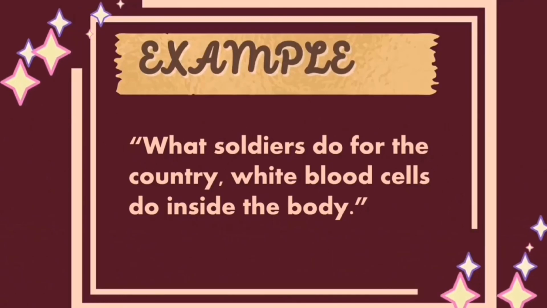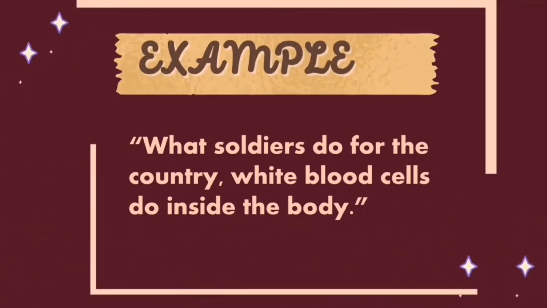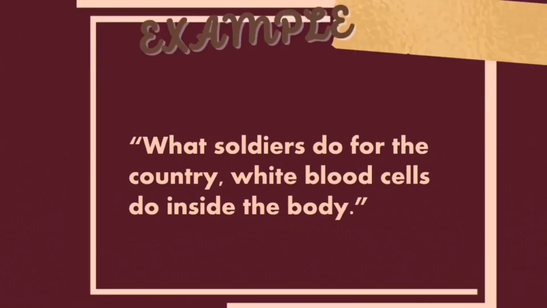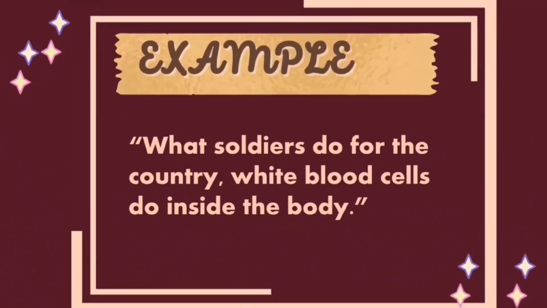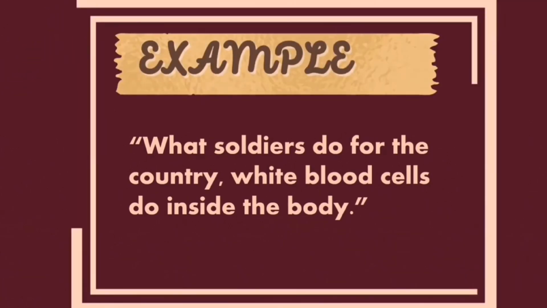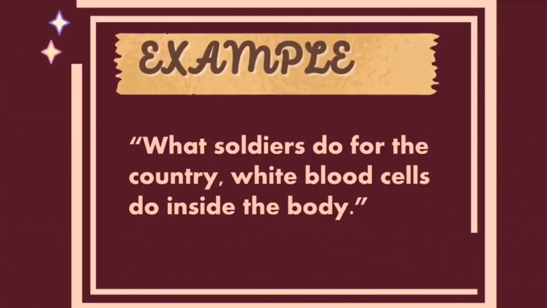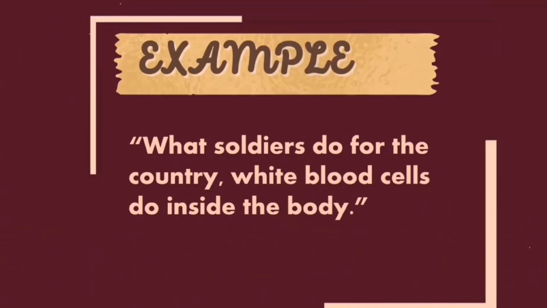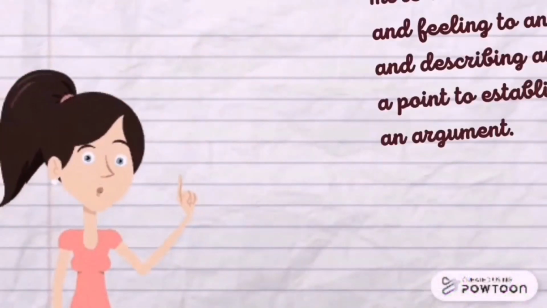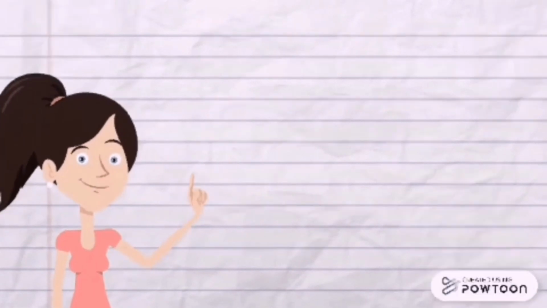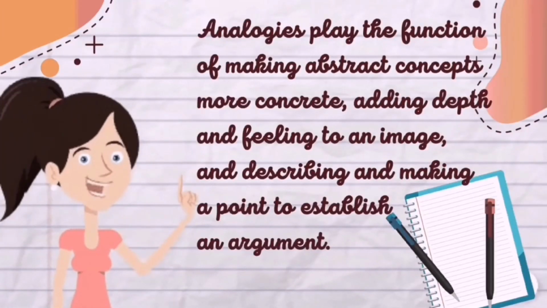Example: what soldiers do for the country, white blood cells do inside the body. In the given example, the abstract concept of how white blood cells function in the body is made clear by explaining that they protect everything inside, like how soldiers perform their sworn duty to protect our country.